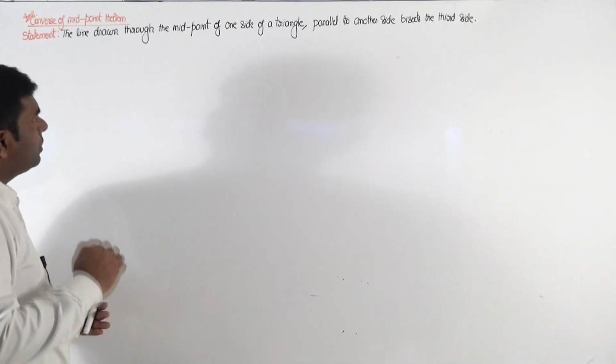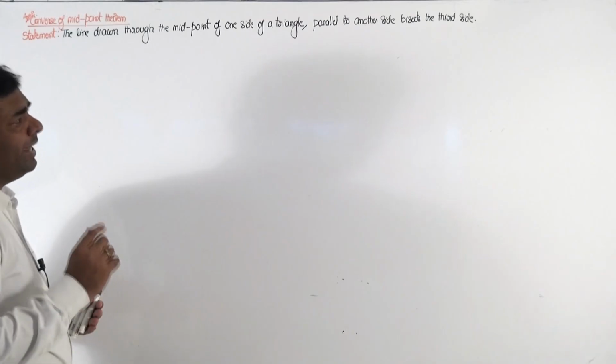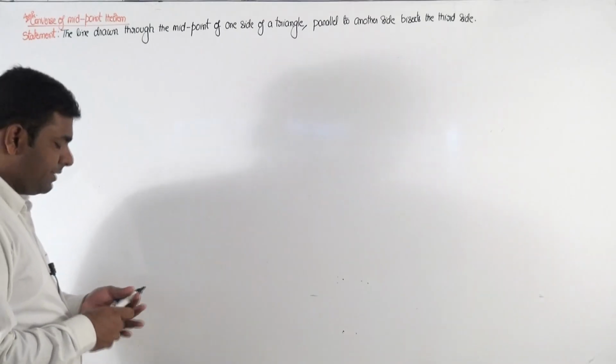The line drawn through the midpoint of one side of a triangle parallel to another side bisects the third side.